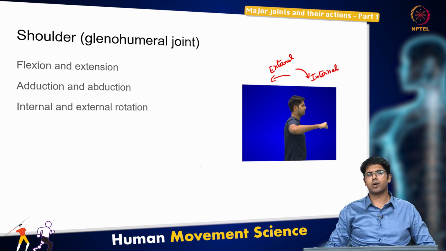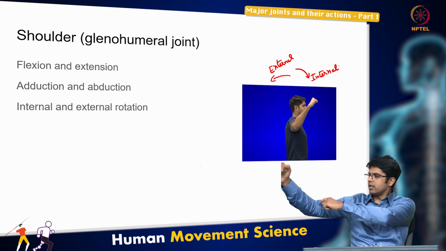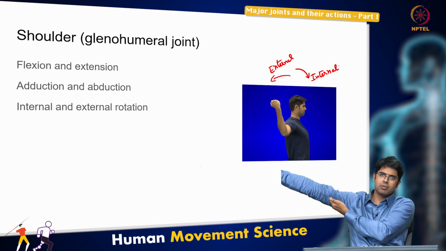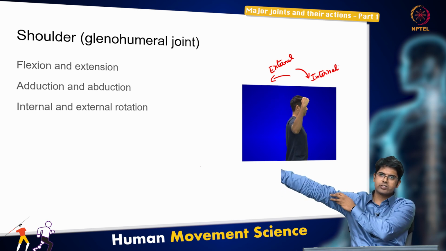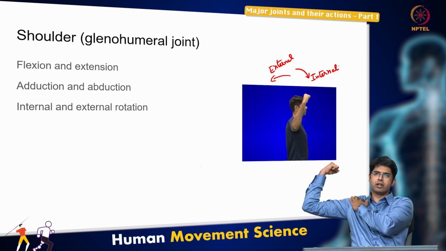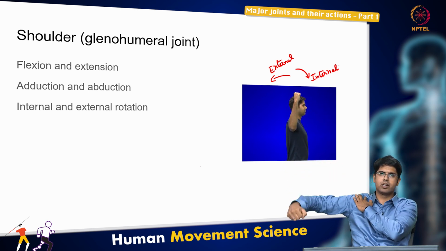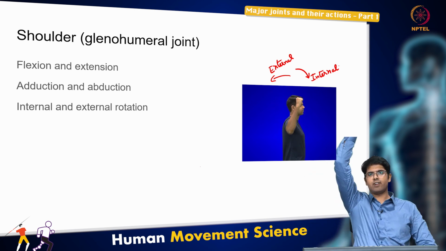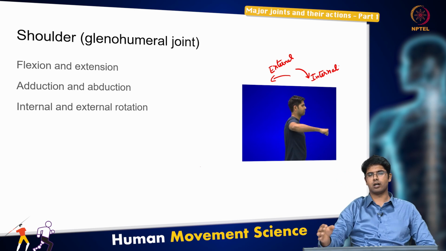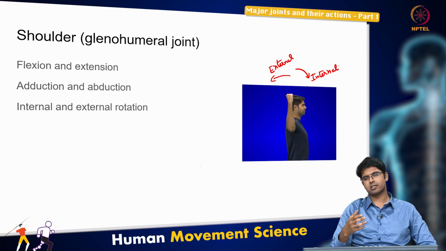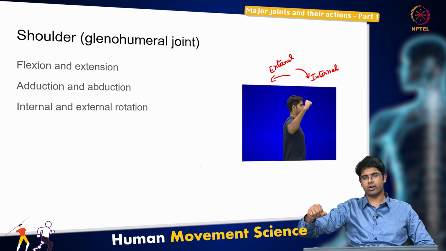What is actually happening here is, if you were to run an axis along the humerus, for example, right here, it's the rotation about this axis of the shoulder joint, right? A very different set of muscles is involved in this activity compared to, say, flexion and extension. Or I should rephrase that: the same set of muscles are acting in a very different way when there is internal and external rotation.